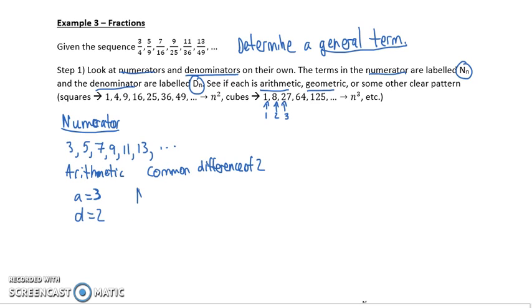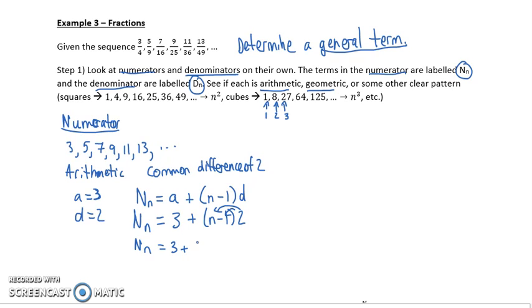And the general term for an arithmetic sequence is found by a plus n minus 1 times d. There's your a value, your d value, and so we can simplify this to say that nn is equal to 3 plus, and I use the distributive property, so I'm going to get 2n minus 2.